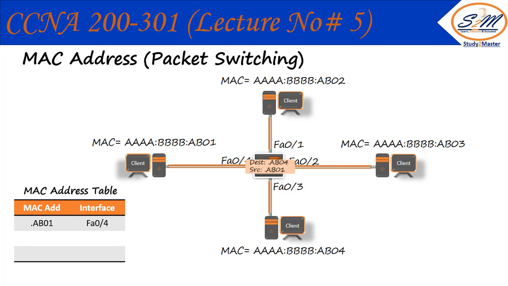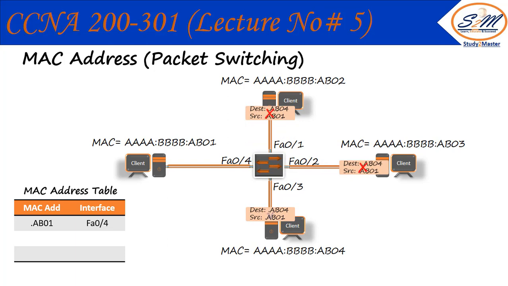I haven't written all of the MAC address because of the lack of space, so I just mention the last portion of the MAC address in the frame. Now the switch sends it over to other computers. This type of packet is called an unknown unicast. The switch doesn't have information about the rest of the clients, so in this case the switch floods the frames to the other computers.